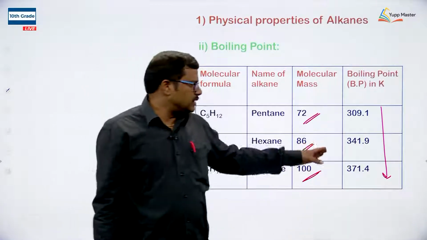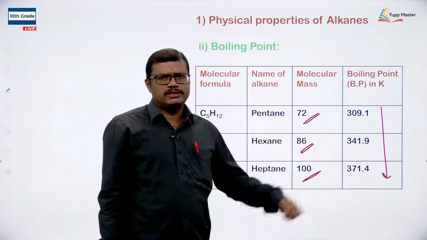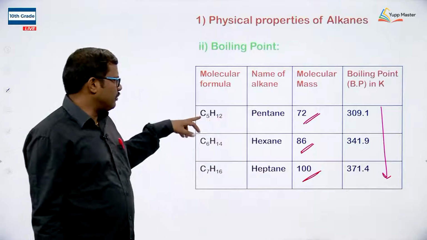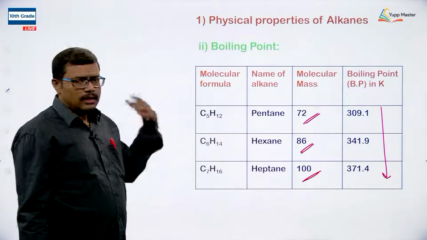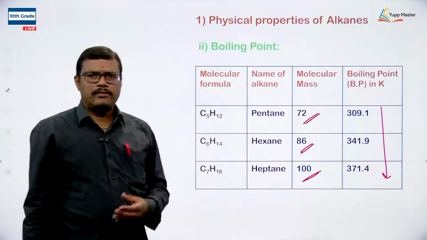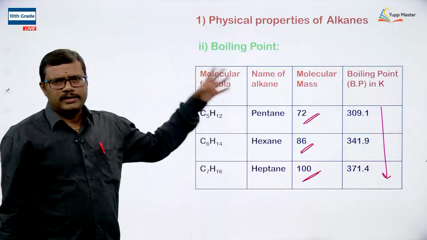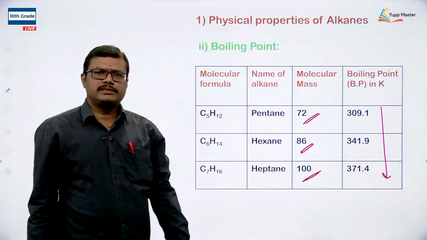Now the temperature is around room temperature or more than room temperature. So, at room temperature these will exist as liquids. Alkanes having 5 to 17 carbon atoms are liquids at room temperature, and alkanes having 1 to 4 carbons are gases at room temperature, because their boiling points are low. By the time they come to room temperature, they convert into the gaseous state.